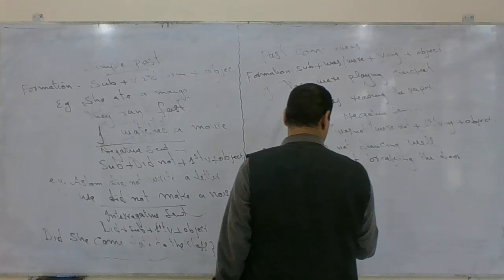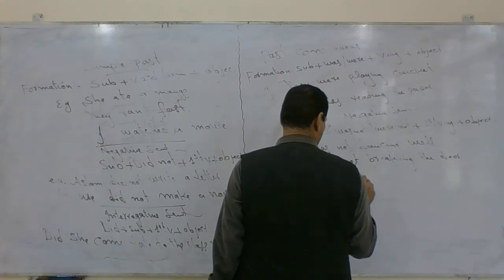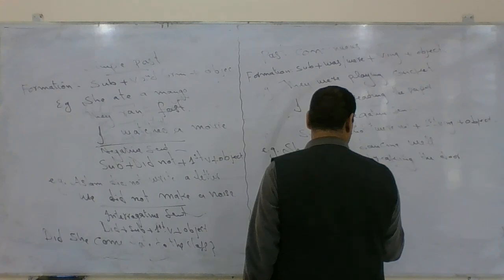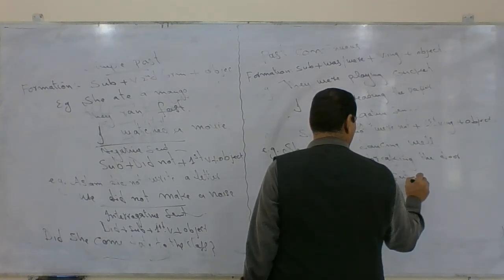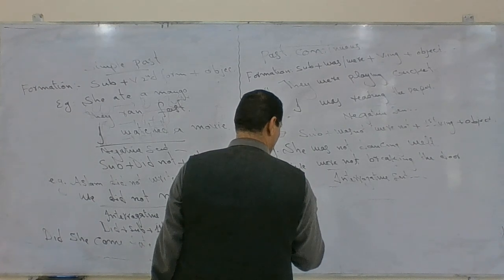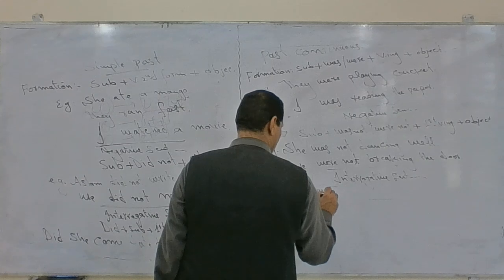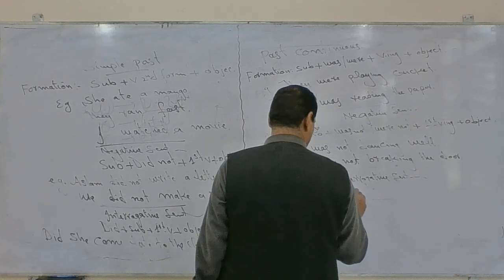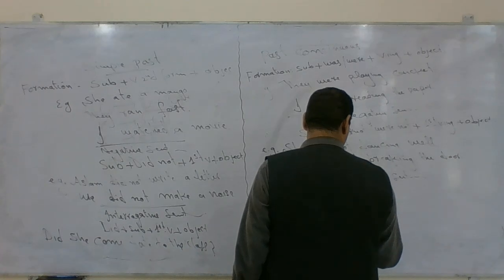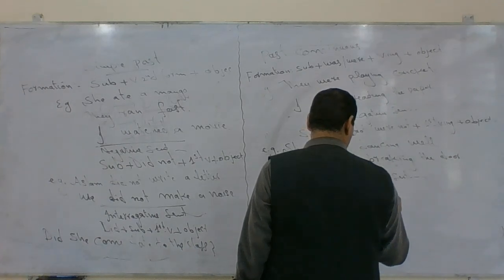Interrogative sentences. Only the auxiliary verb is to be written at the beginning. Was or were in the beginning plus subject plus verb ing form plus object.